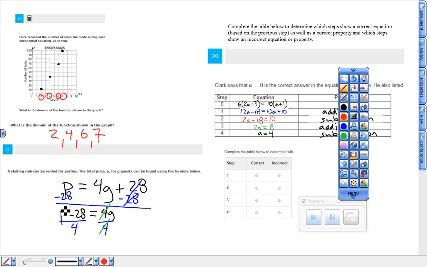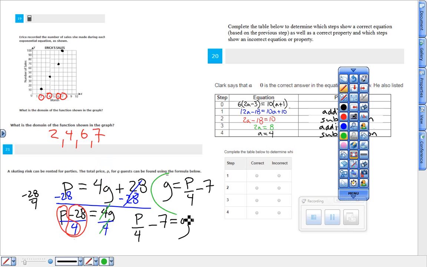Some of you, when you divided this out, forgot to divide both of those. That 4 goes into the p, that 4 divides into the negative 28. So really, that gives me p over 4 minus 28 over 4. That gives me negative 7 equals g. And then the way they really write that is g equals p over 4 minus 7. Some of you forgot to write that over 4. Third word is study. Study.